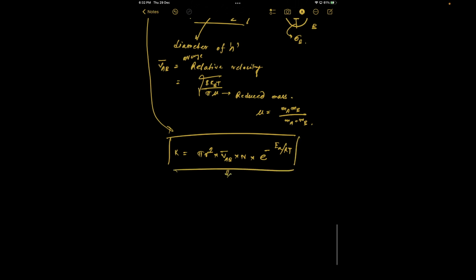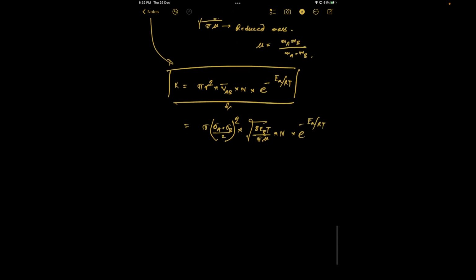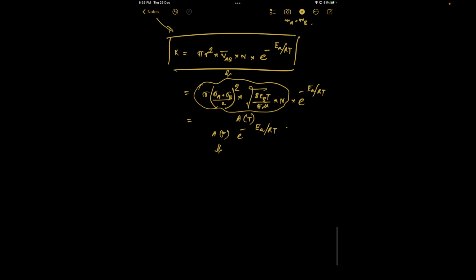Now if you write it fully, it will be pi times sigma A plus sigma B divided by 2, squared, times VAB average equal to root over of 8 kB T by pi mu, times N times exponential minus Ea by RT. Now if you write this as A as a function of T times exponential minus Ea by RT, A is the pre-exponential factor.